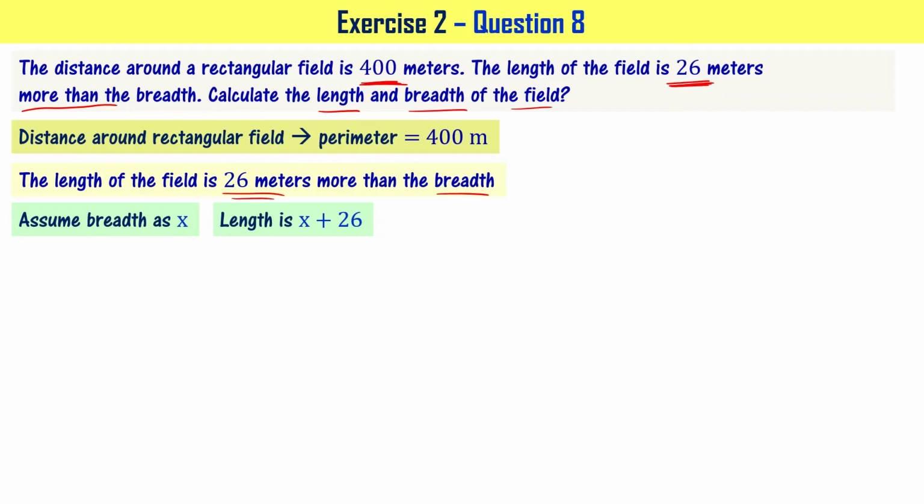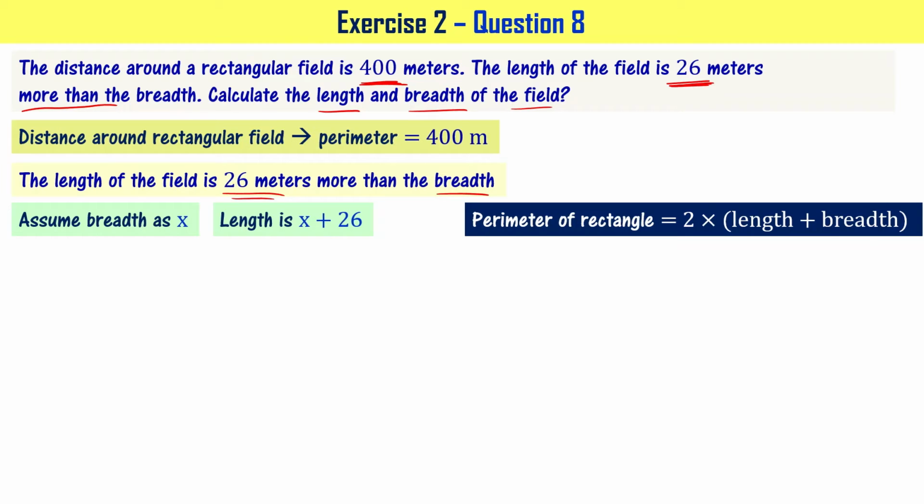Now you have the length and breadth of the rectangle. We know the perimeter of a rectangle is 2 times length plus breadth of the rectangle, right? Now let's substitute length equal to x plus 26 and breadth equal to x into the given formula, so that you can write the perimeter, that is equal to 400, equal to 2 times x plus 26 plus x, right?